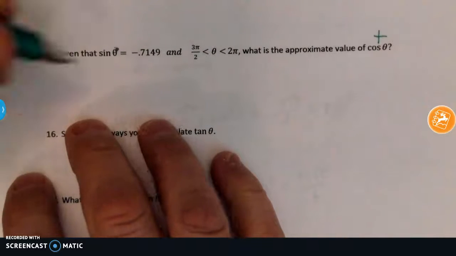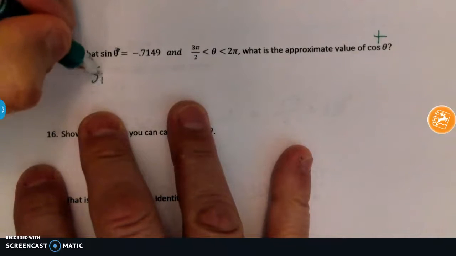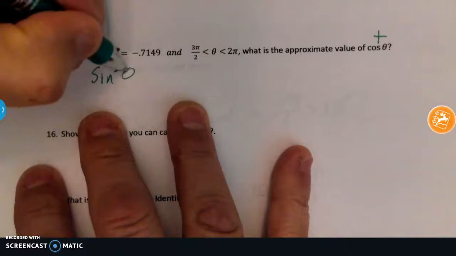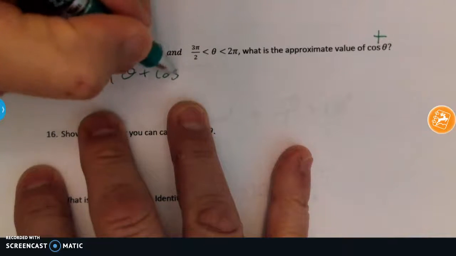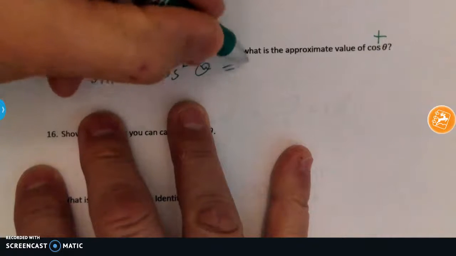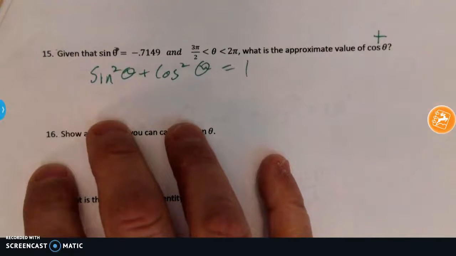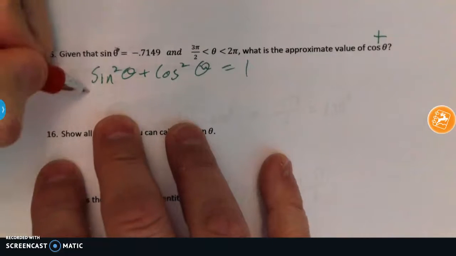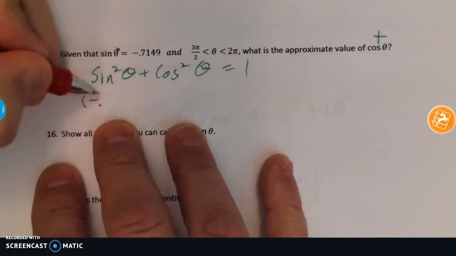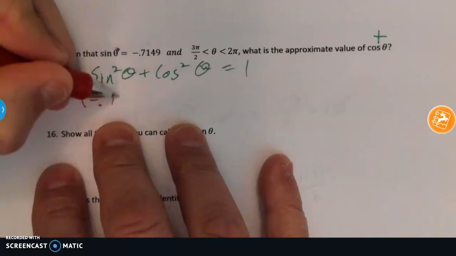So I'm going to use that same Pythagorean identity, sine squared theta plus cosine squared theta equals 1. Well, this time I know the sine. Put this in parentheses, that negative, or you're going to have a negative issue.